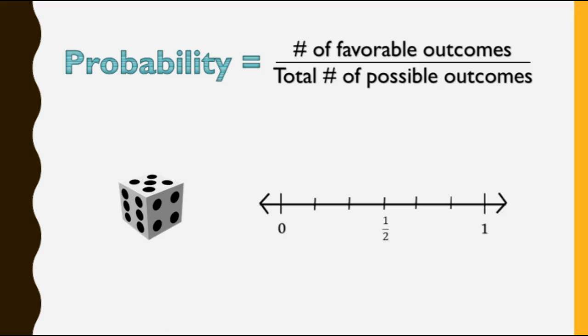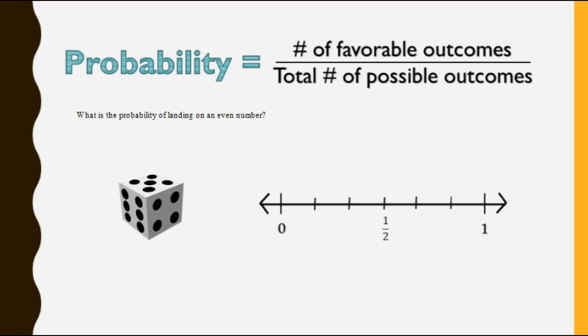Okay? All right. So now, what if my question wasn't what's the probability that I would land on a 4, but what's the probability that I would land on an even number? That's different, isn't it? So what is the probability of landing on an even number?